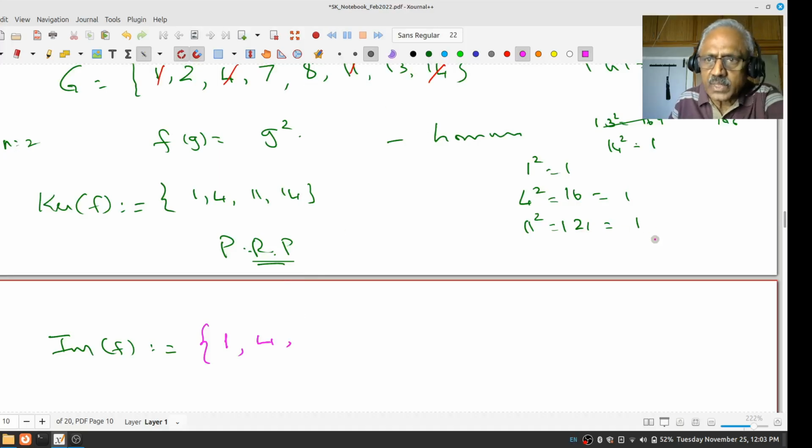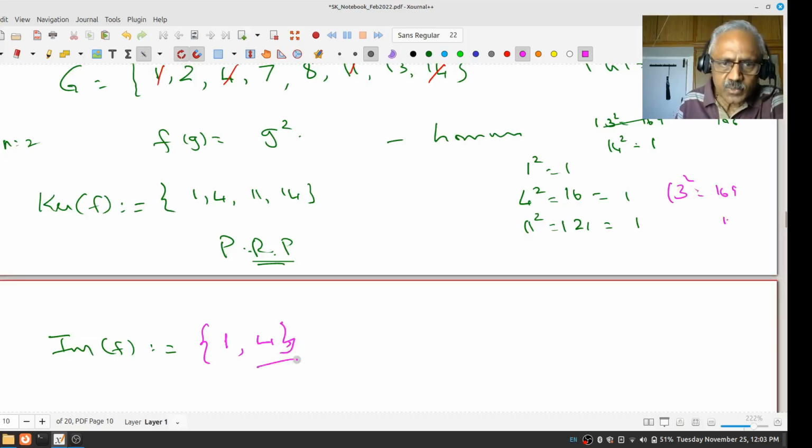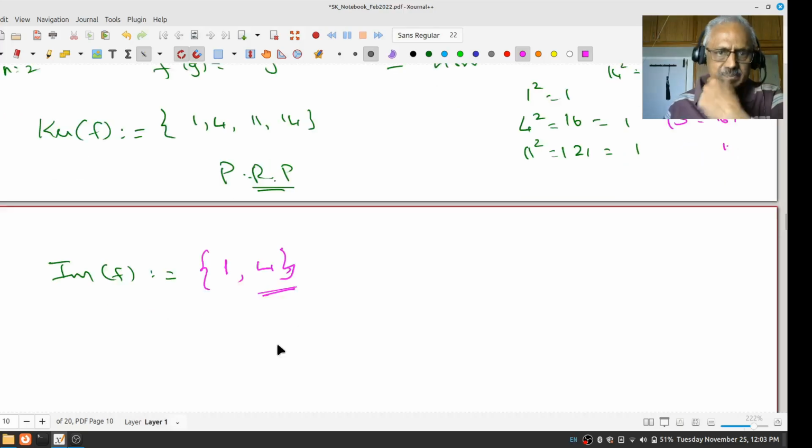And 13 squared is 169, which is 11 times 15 plus 4, therefore it's also 4. So the image consists of only 2 elements. Pause, review, proceed.